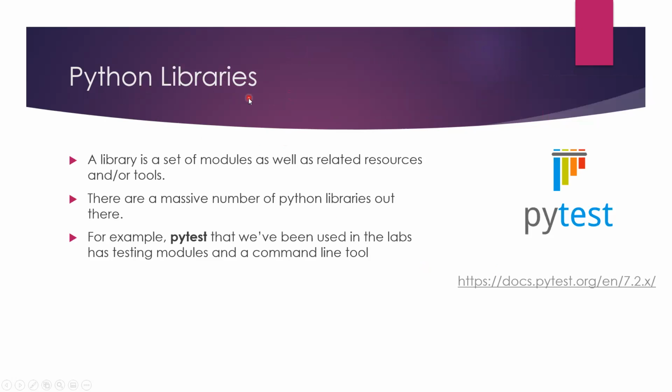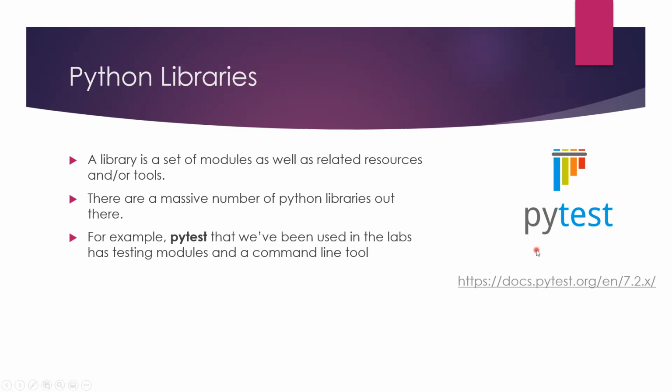Now, Python libraries are pretty much like a set of modules. You can create a group of modules together. We call them a library, but a library can usually contain more than just modules. You can have resources like images and other files and tools that come with it. For example, PyTest, which we've been using in the labs, is a library.